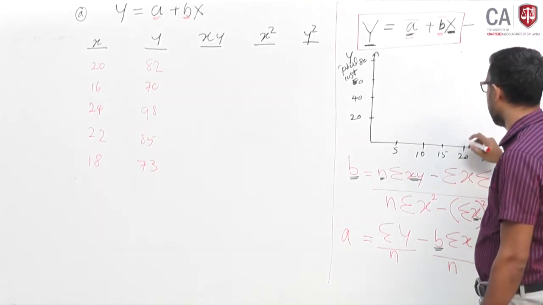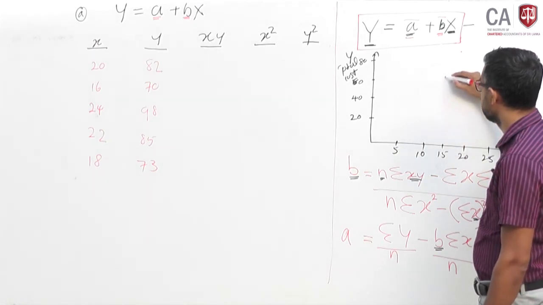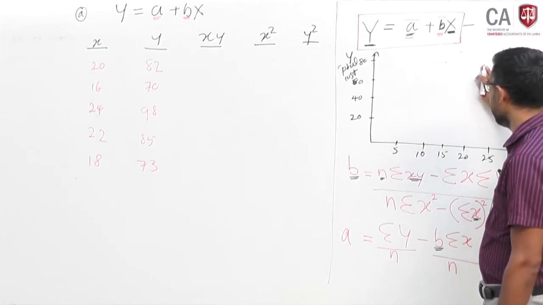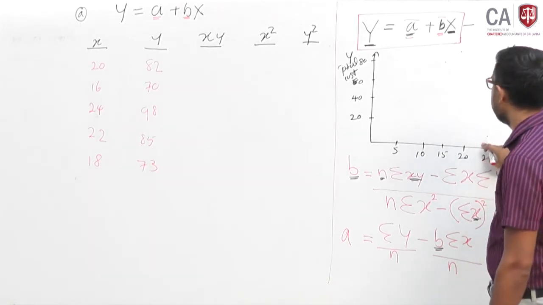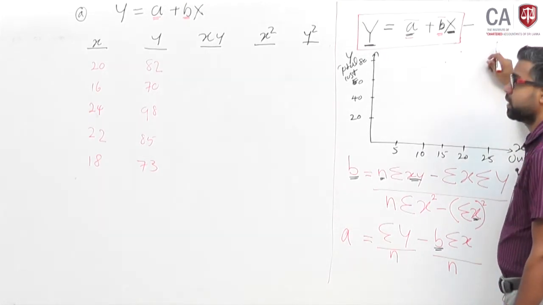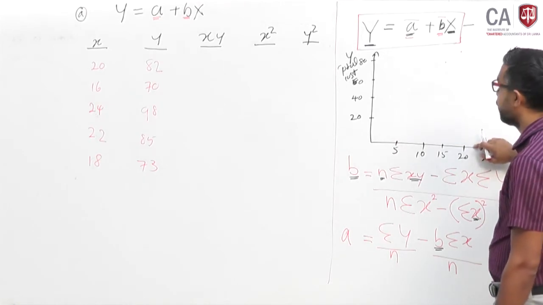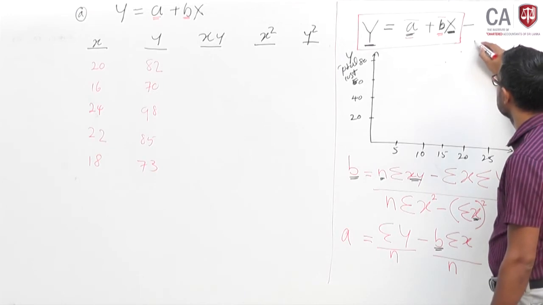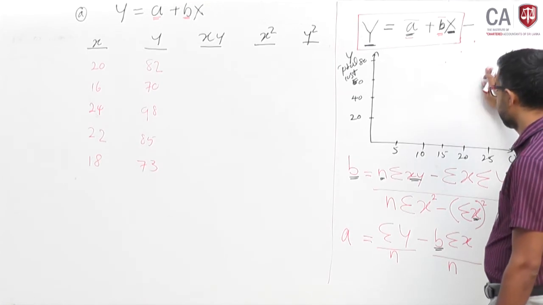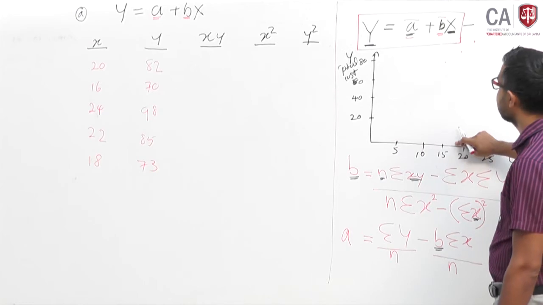When x is 16, y is 70. When x is 24, y is 98. When x is 22, somewhere here, y is 85. When x is 18, y is 73.